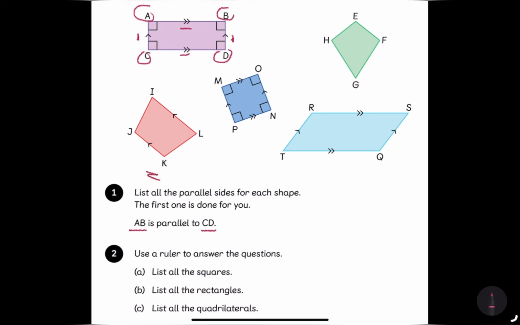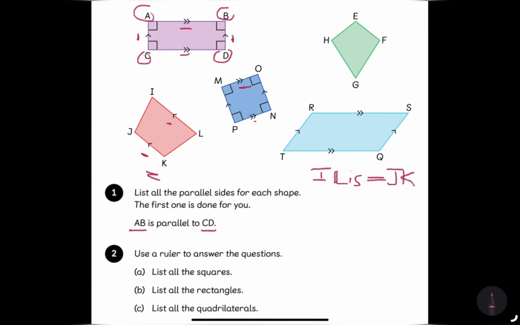So here we see the arrow, there's only one set of parallel lines that they have shown. Therefore, I will write IL is parallel to JK, right? Then I'll go to the next one where I have two sets.